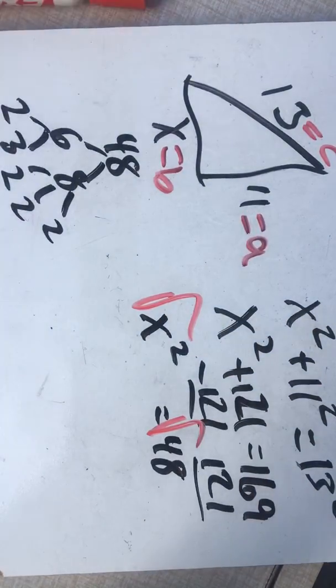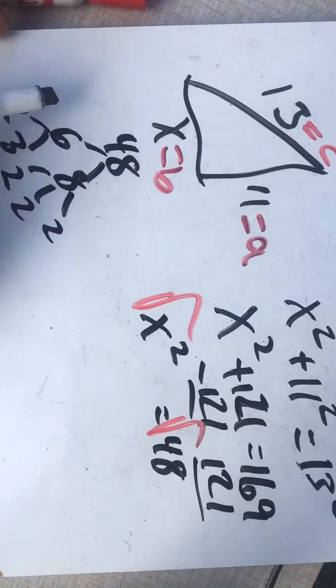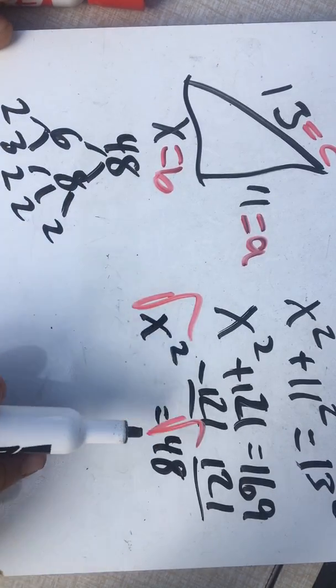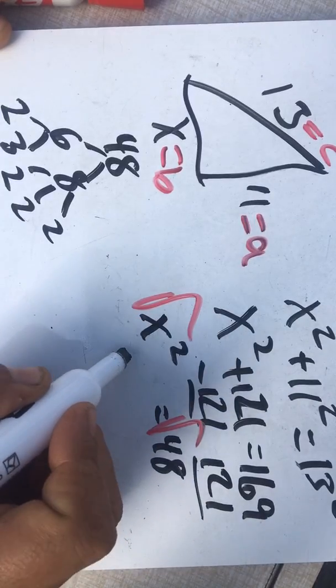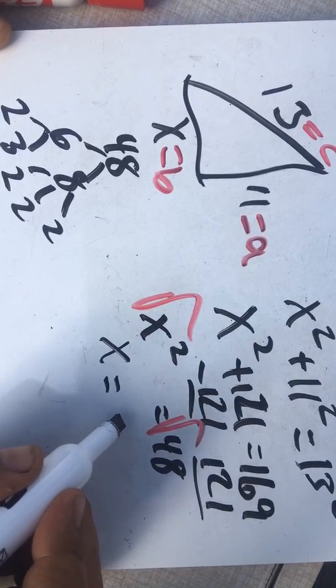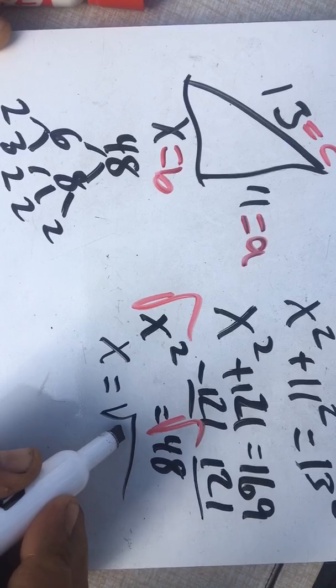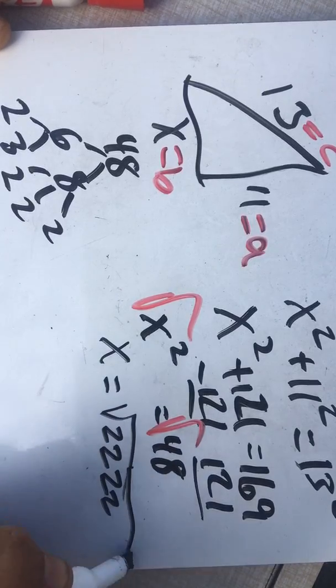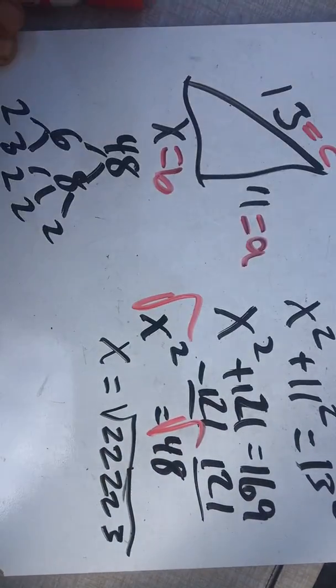Okay, take your square root of 48. Make sure you understand that this work on the left side is the same as what you're about to do. So this becomes x equals the radical of 2, 2, 2, 2, and 3.